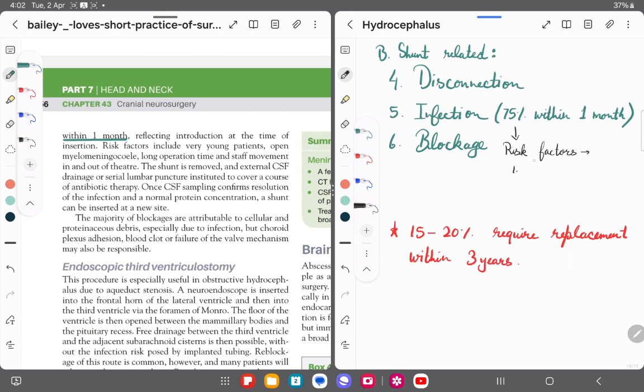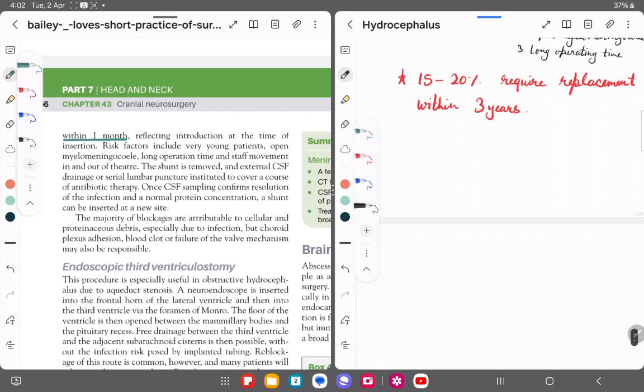Number 1, very young patients. Number 2, open myelomeningocele. Number 3, long operating time, and staff movement in and out of theatre.